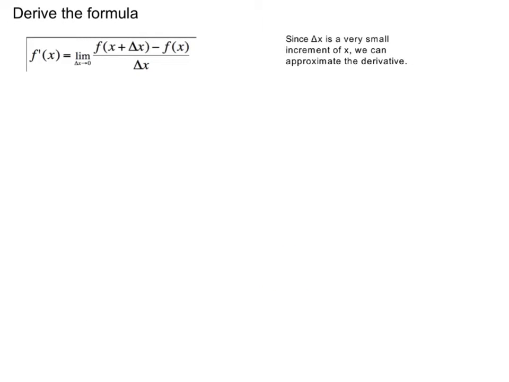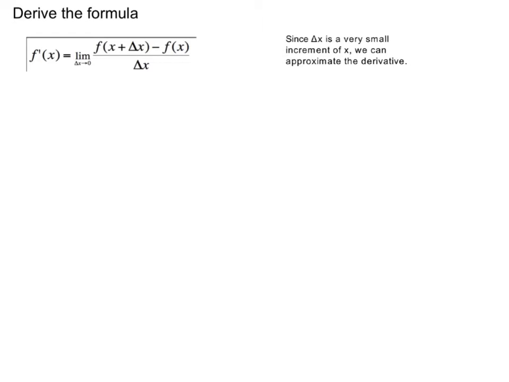So you can see here that you have the definition of a derivative, the limit definition of the derivative. And you can see that it's the limit as delta x approaches 0 of the difference quotient. So since delta x is very, very small, we can approximate the derivative by using this formula.